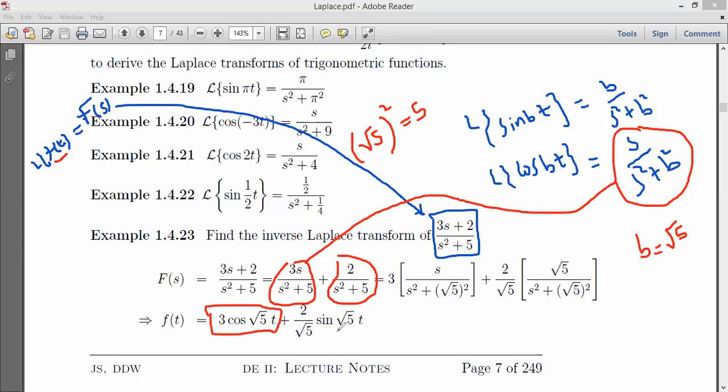And then for the second part, I have this 2 over s squared plus 5. But remember, in 2 over s squared plus 5, this 5 is root 5 squared. According to this definition, it must be only b, so I introduce a root 5 over a root 5. Remember, if I have this and I have that one right there in the denominator, then this will cancel with this. You remember the identity form we're talking about.